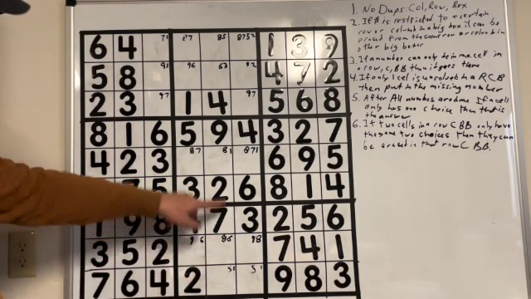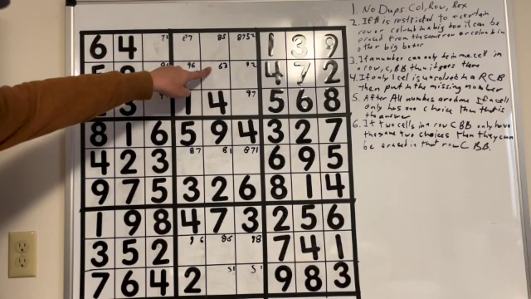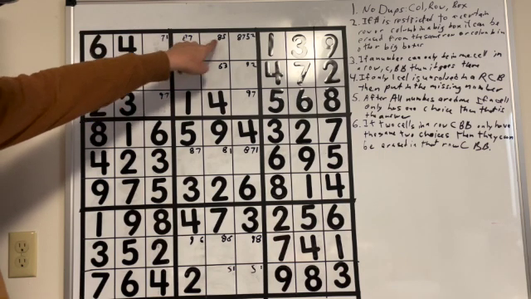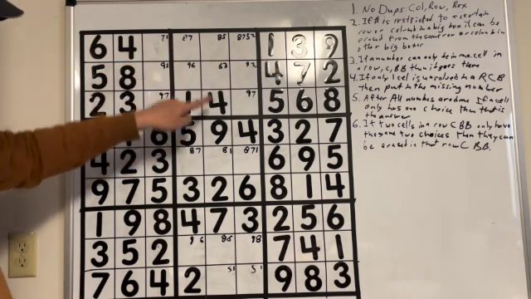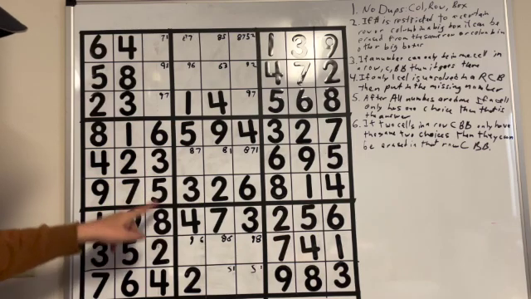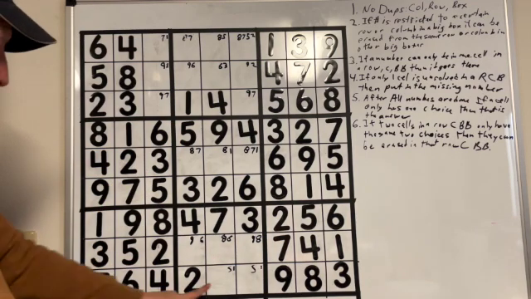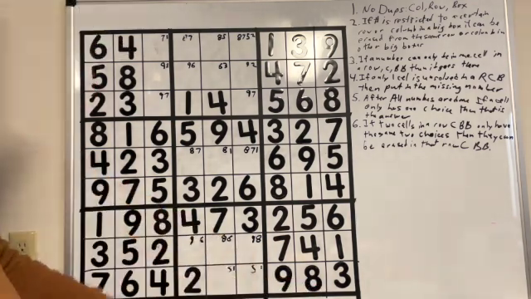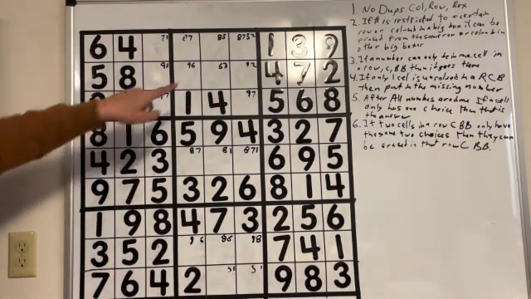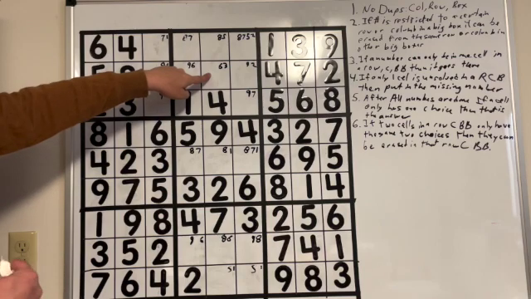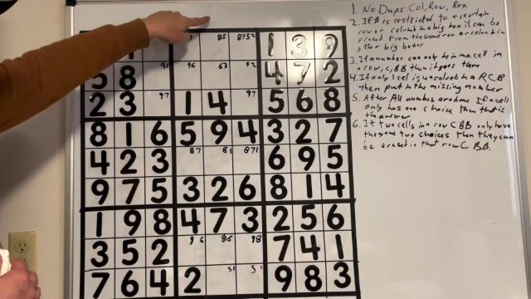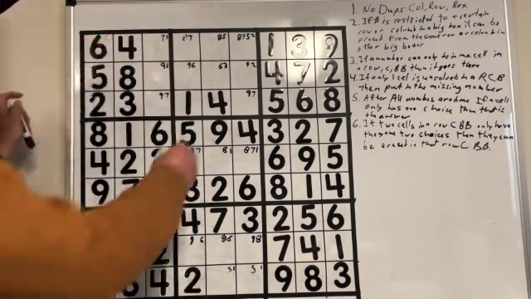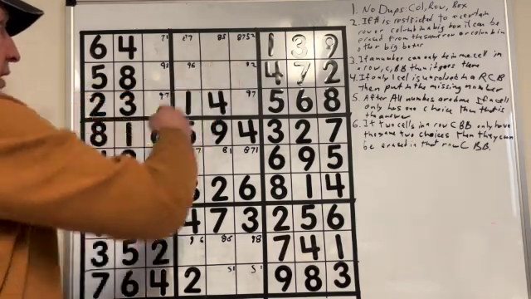Oh, wait a minute. That's the only 3 in the entire column. Can't be here because of that one. Can't be here because of that one. Can't be here because of that one. Can't be here because of that one. Plus, it's the only place we wrote 3. Okay, well, this is an example of rule number 3. This is the only place a 3 can be in this entire column. Therefore, it is a 3.